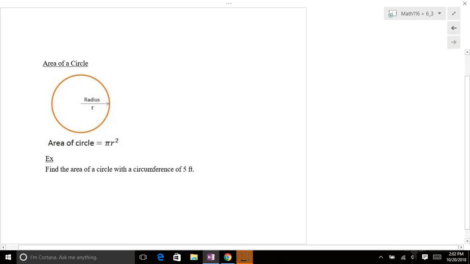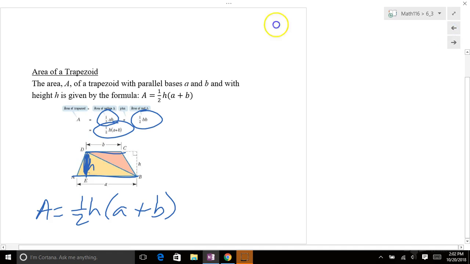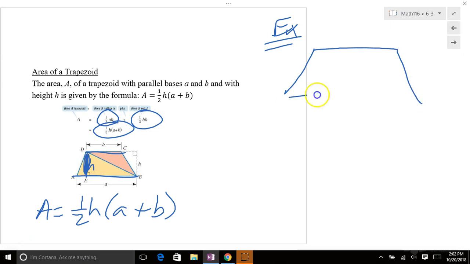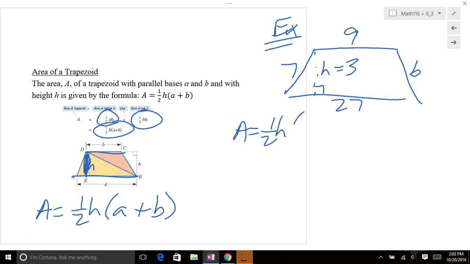Okay, so for example, let me do an example. Let's say we've got, I don't know, let's say we've got a height of 3, and we've got 7, 6, 9, and 27, we'll say. So the area is 1/2 h times A plus B. So you've got 1/2 the height.